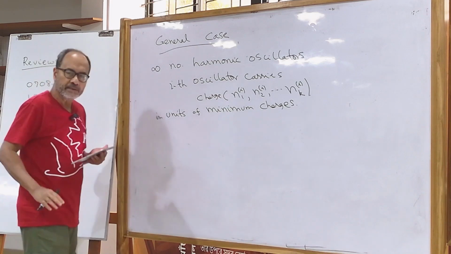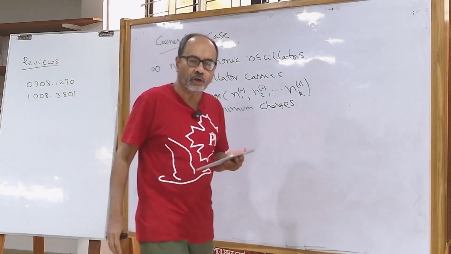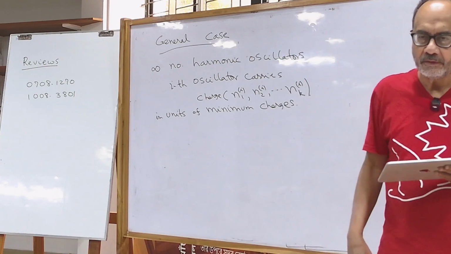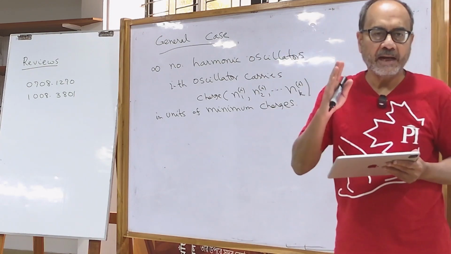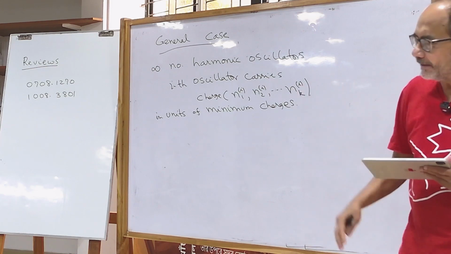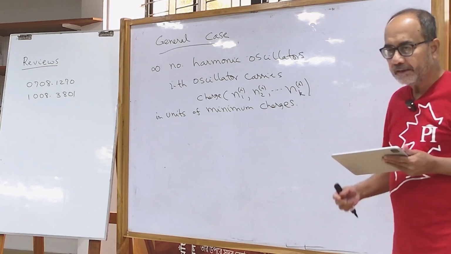So let me remind you the situation that we had. We consider a black hole which carries say k charges, and we are interested in counting the total number of states up to this sign, which I'll remind you later.